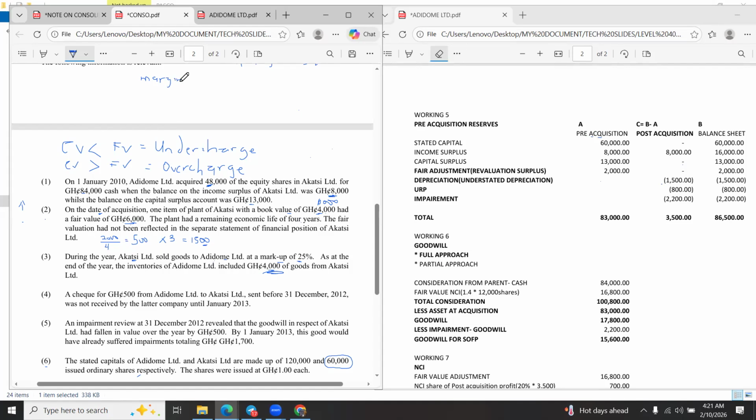He's supposed to buy the goods at a margin, but he bought the goods on a markup. So once you see sold, selling price must go with margin. But cost must go with markup. So here, we are going to convert from markup to margin.